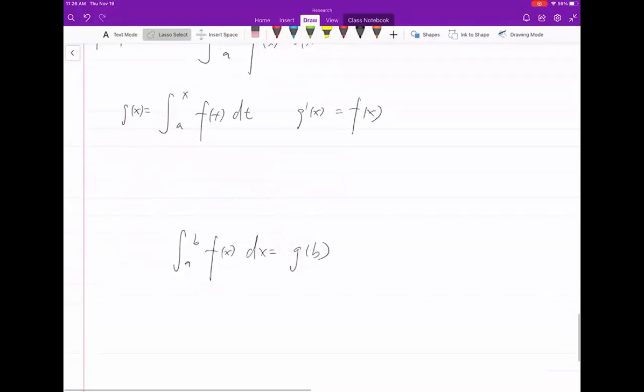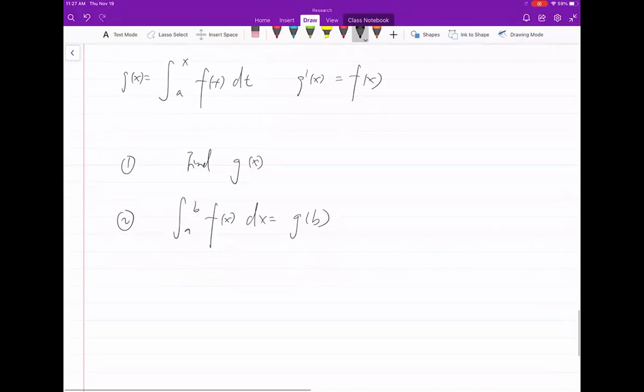Two steps. Number one, find the g. Number two, plug in b for x. You found g(b). That will be how we do it with the antiderivative. Good so far?